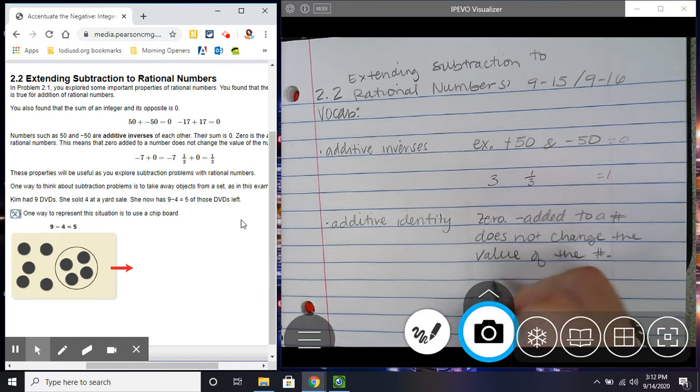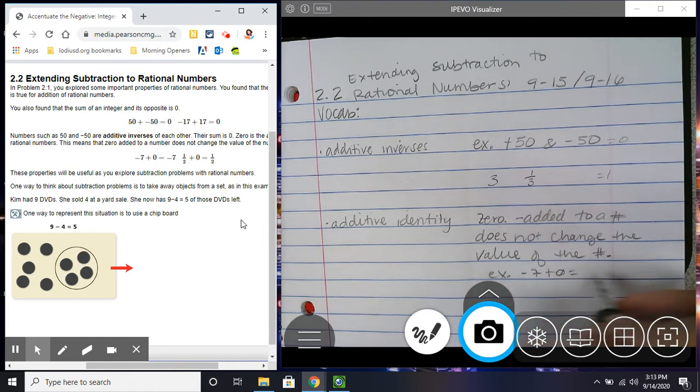So basically, the examples would be -7 plus 0 is still -7. And 1/2 plus 0 is still 1/2. It doesn't change anything.